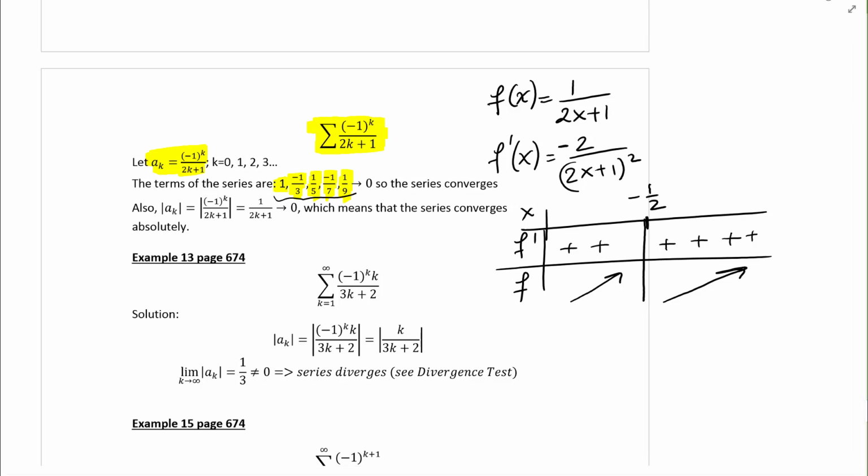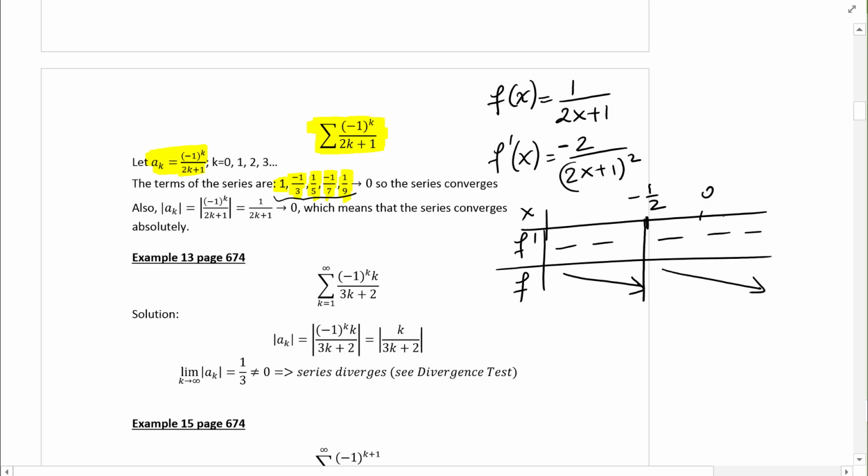Just try a quotient rule. So when that happens, it means my values here are exactly the opposite. My function is actually negative everywhere. So it's decreasing and decreasing. So basically, our terms from 0 on are actually decreasing. Not just by giving values, we actually proved it by doing the work.